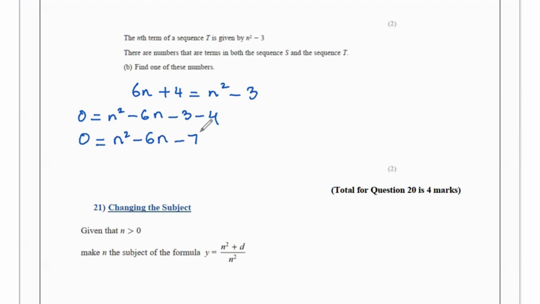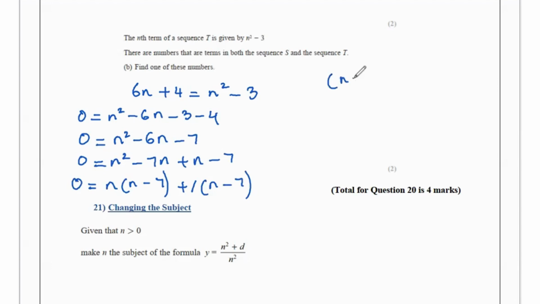Once again, we have a quadratic equation and they want us to solve it to find the value of n. So we do n squared minus 7n plus n minus 7, n bracket n minus 7, plus 1 bracket n minus 7, n minus 7 bracket n plus 1 equals 0. So one value of n is 7 and the other is -1.